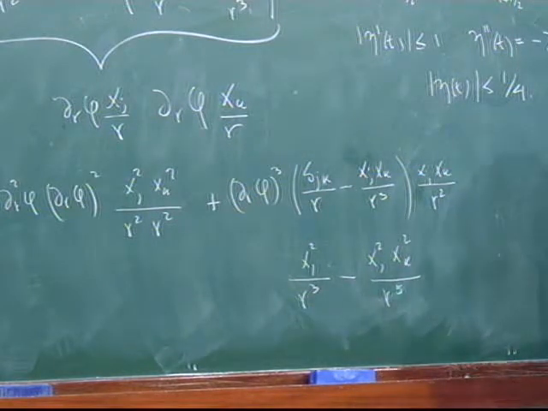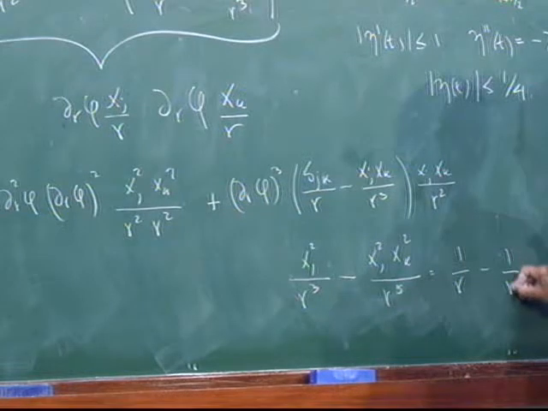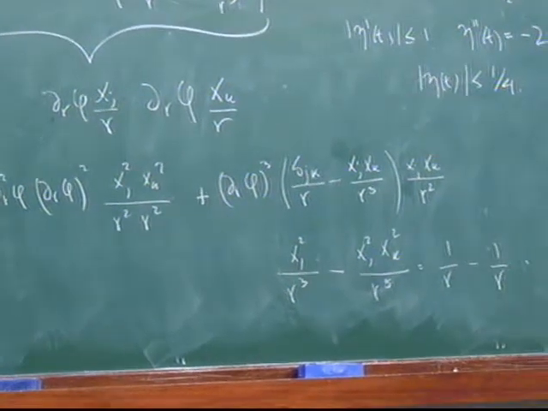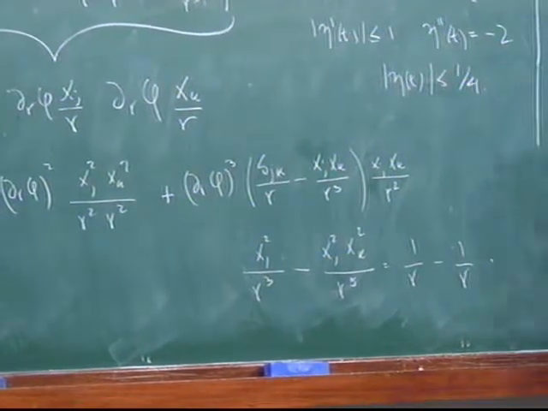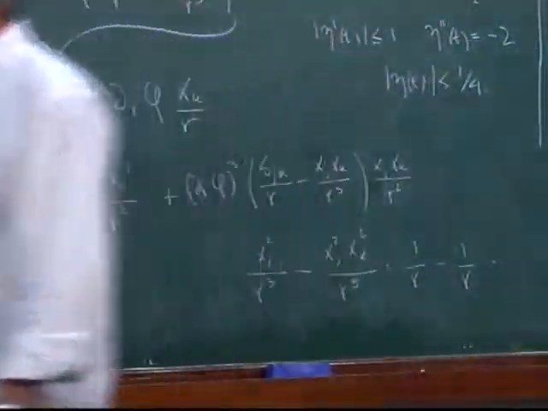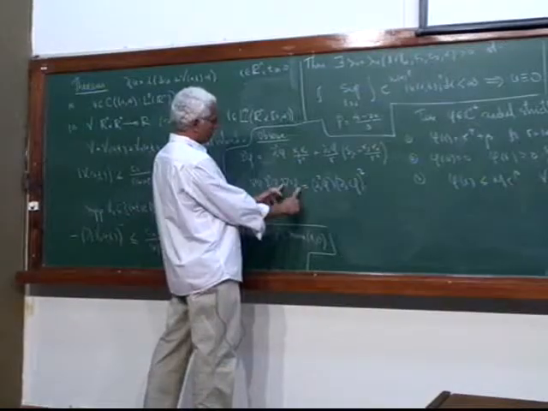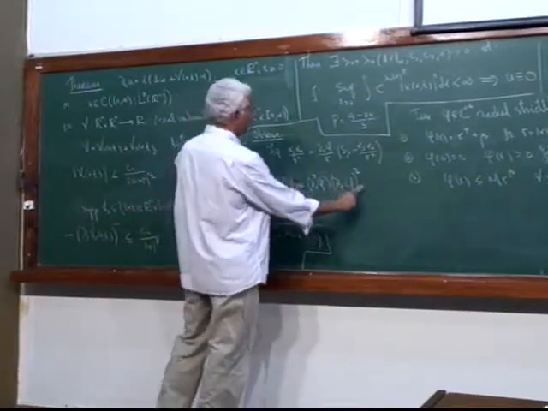And you see that when you add it, you're going to have 1 over r minus 1 over r. And this gives you 0. This gives you 1. Then you finish with this formula. This is the matrix. This is the gradient from the left, gradient from the right. You get this.